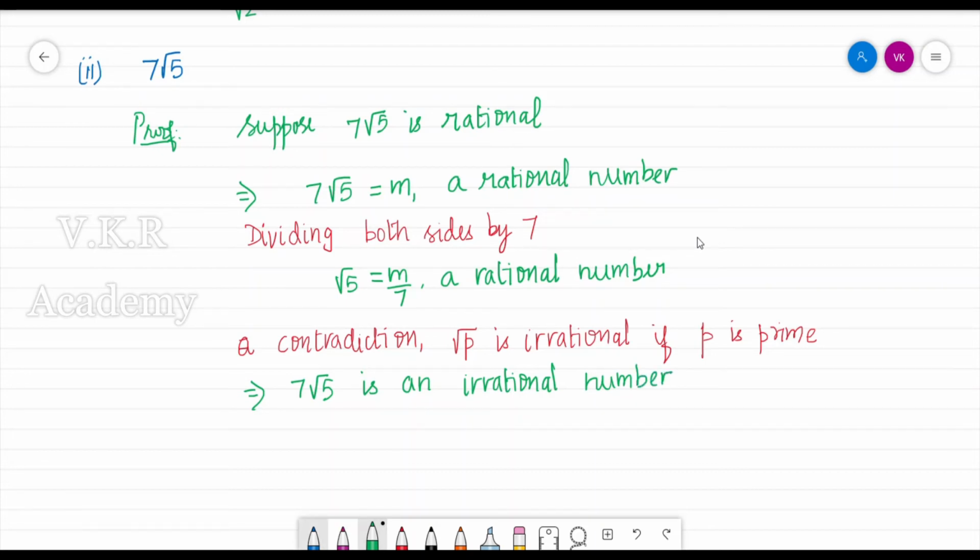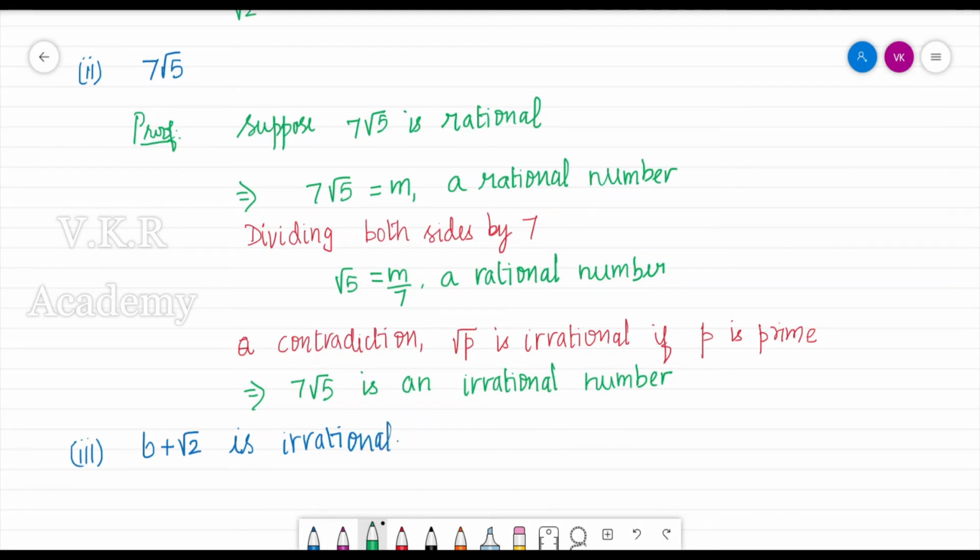Similarly, let's prove the third subdivision. That is, we are asked to prove 6 plus root 2 is irrational, which is similar to problem number 2.